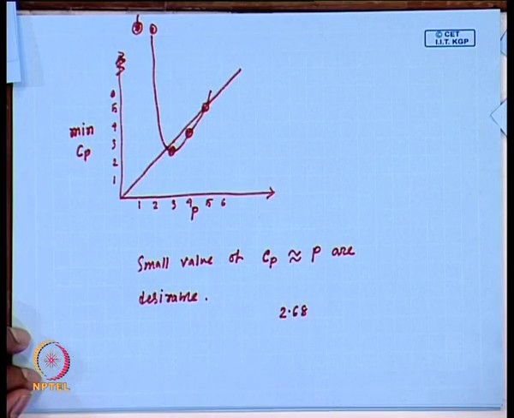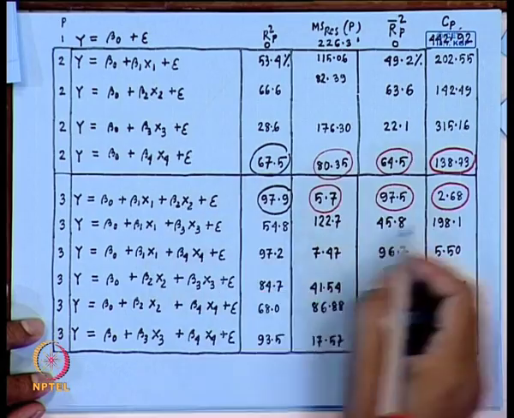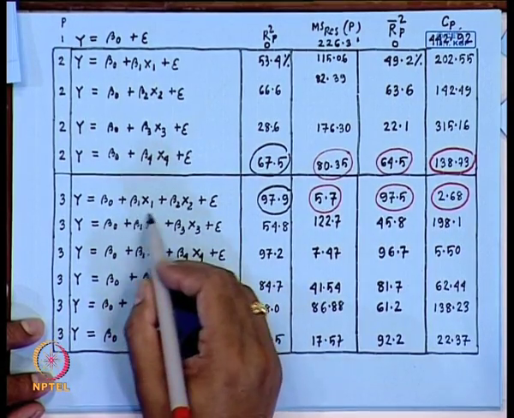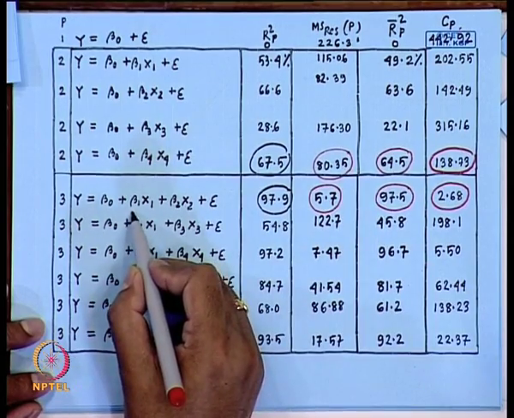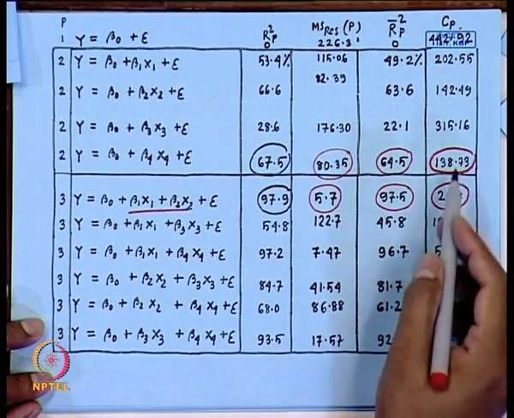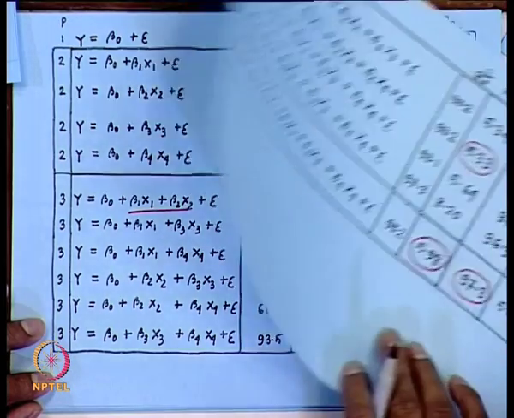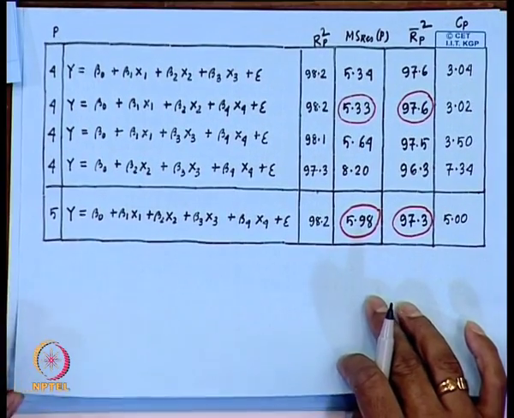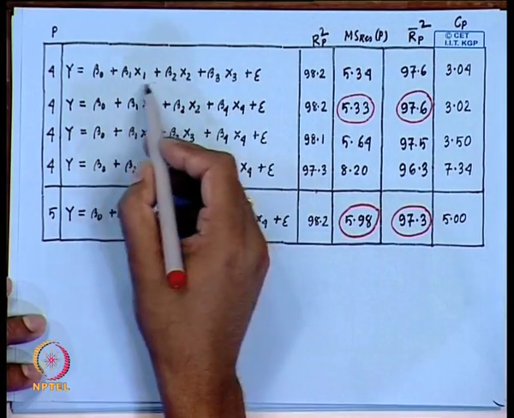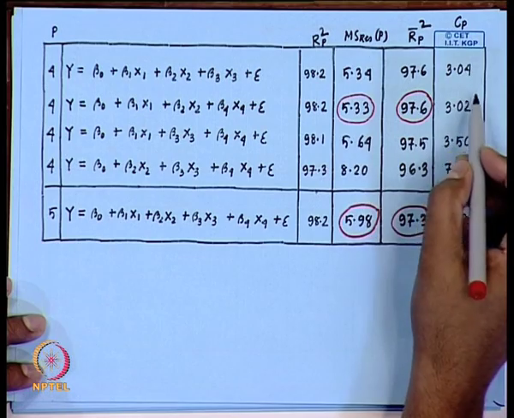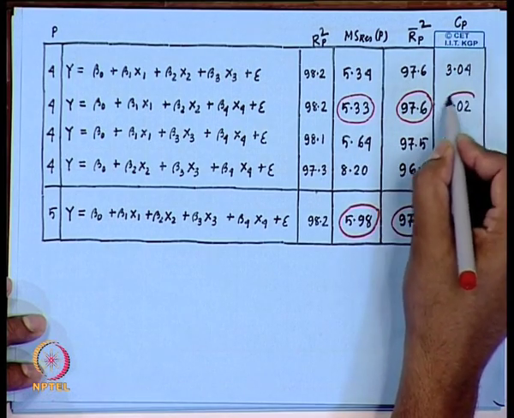Well, among the two regressor models, this one is the best in terms of the Cp criteria, and among the 3 regressor models, all 3 are acceptable in terms of the Cp criteria.